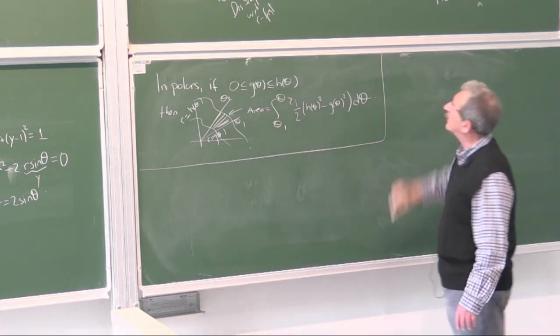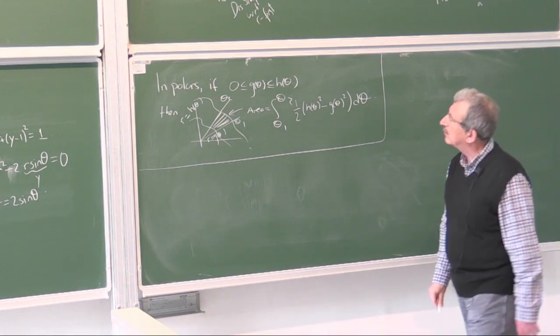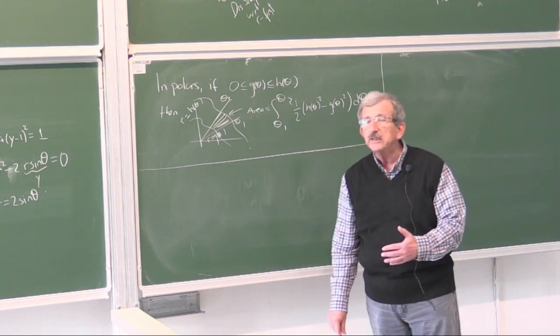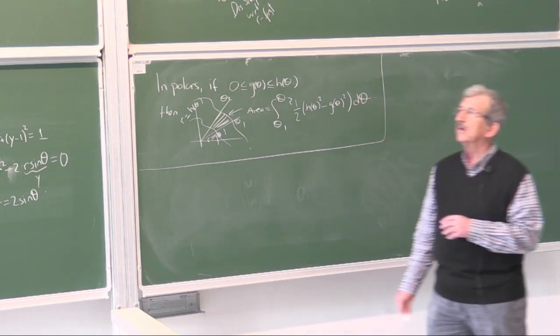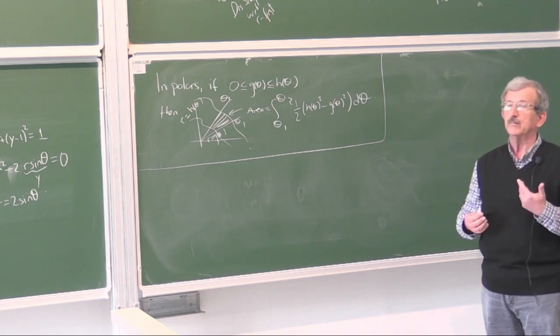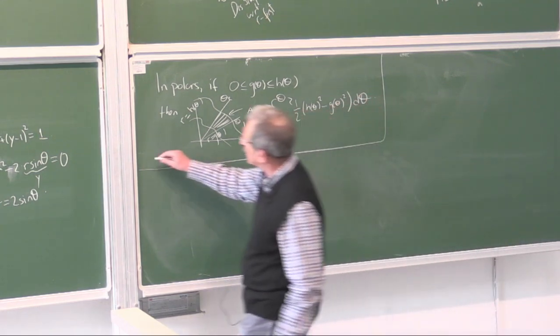So take this as a remark. It may make calculations easier in some cases. For example, if we want to calculate the area inside a cardioid, you can check that as an exercise.